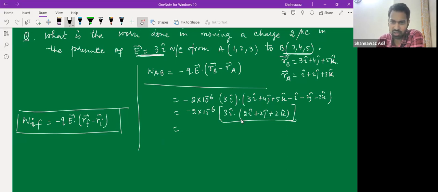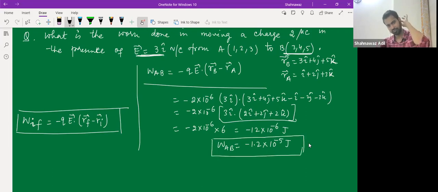And will there be any more term? There will be no term, right? Because only I dot I will survive; I dot J would be 0, I dot K would be 0. So minus 2 into 3 into 2 is 6. So minus 12 into 10 to the power minus 6 joules, which is minus 1.2 into 10 to the power minus 5 joules. So this is work done from A to B.